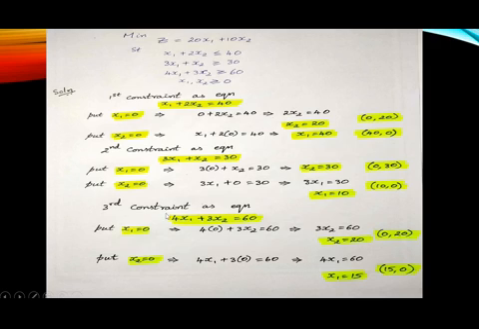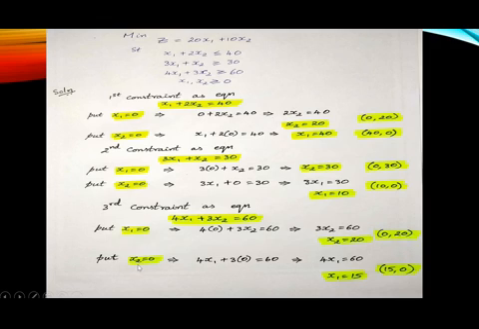Now considering the third constraint as an equation, the third constraint was 4x1 plus 3x2 greater than or equal to 60. When I consider it as an equation, it becomes 4x1 plus 3x2 equals 60. When I put x1 equal to 0, I get the equation 3x2 equals 60, therefore x2 is equal to 20. So the point will be 0, 20.